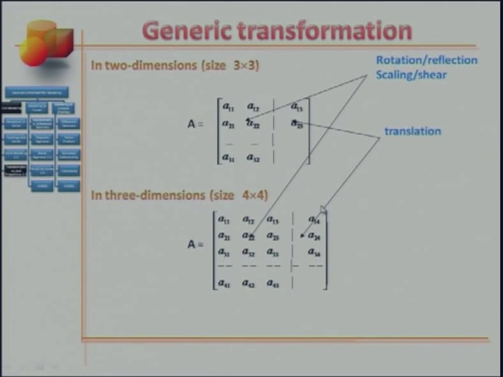The bottom left submatrix, which is of size 1 by 2, so we have 2 elements here, A31 and A32, and correspondingly in 3 dimensions, the bottom left matrix that has 3 elements. These submatrices represent perspective transformation.